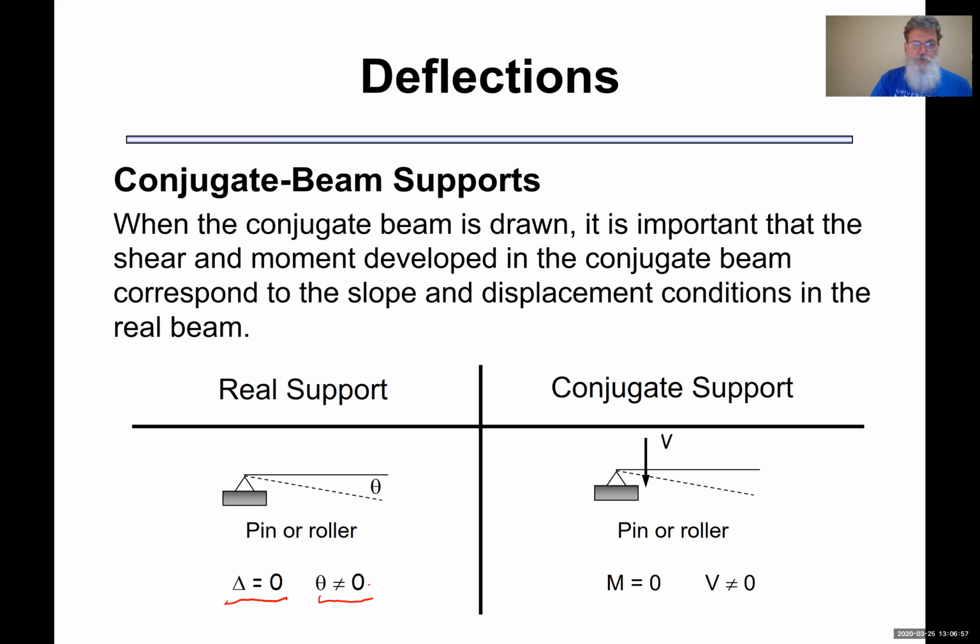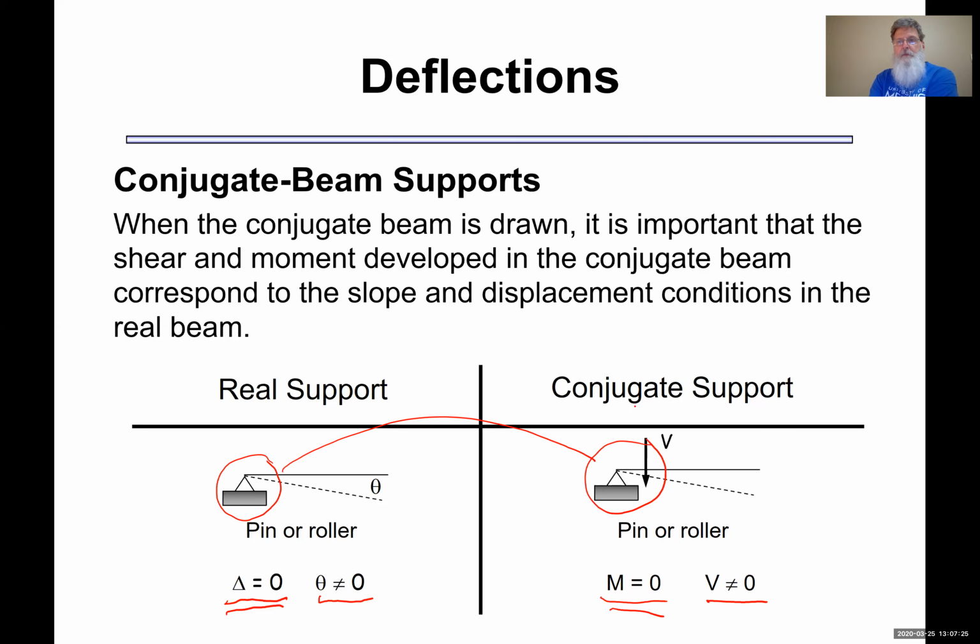So you can see then that the displacement maps to the moment, and here the slope matches to the shear. So really the main thing to take from this is that a pin or a roller on the end of the structure maps to a pin or a roller in the conjugate beam.